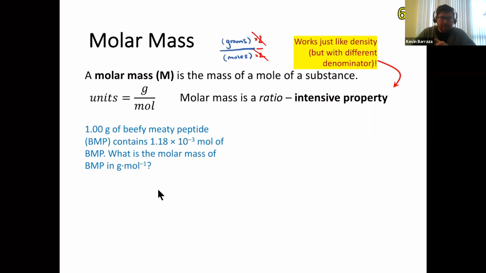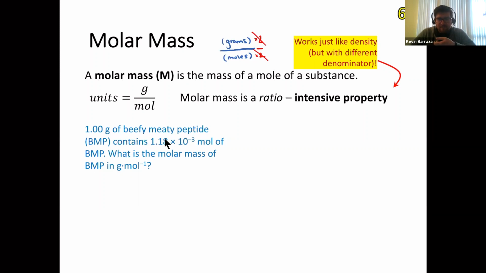Now, just a short aside, this is a real thing. In case you were wondering if I made this up, beefy meaty peptide. A peptide is a molecule that's a little bit smaller than a protein. It's like a mini protein. And as you probably deduced from the name, beefy meaty peptide comes from beef products.